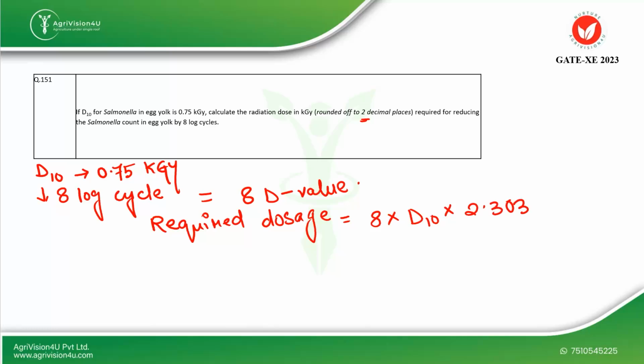Now we know that ln, that is natural log, is 2.303 into log 10. That means it is 8 into D10, which is 0.75, into the log value.